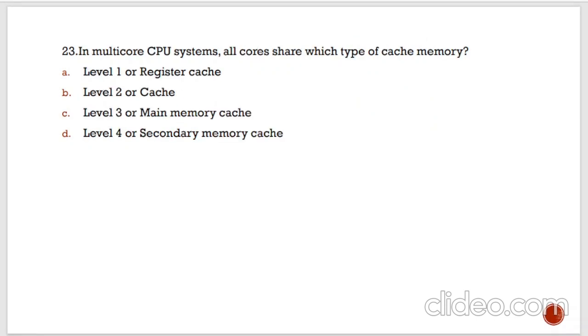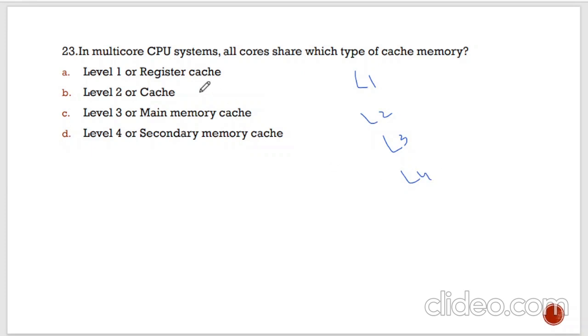In multi-core CPU systems, nowadays we see multi-core CPUs, multi-core processors. All cores share which type of cache memory? We have levels of cache in memory: L1, L2, L3 as given in the options. From these options we can learn one concept, that is levels of cache memory.